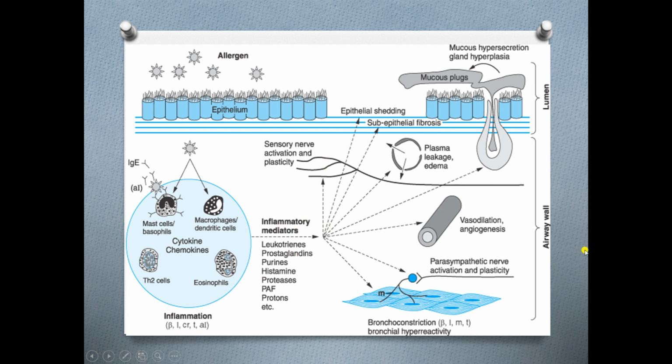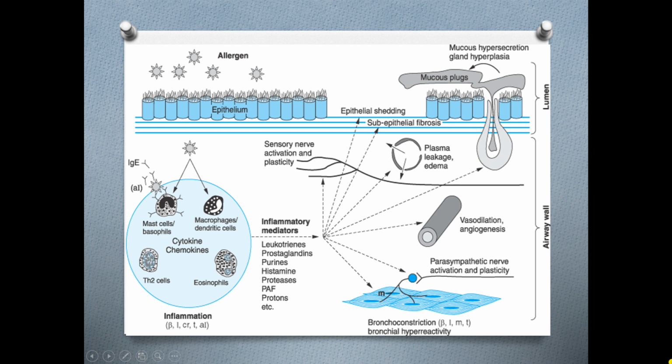These consequences are epithelial shedding and subepithelial fibrosis, nervous control of the airway wall is disturbed, there is a leakage of plasma from the capillary and formation of the edema, vasodilatation and angiogenesis, bronchoconstriction of the smooth muscles of the airway, mucus secreting glands are hyperactive, there is hyperplasia of the gland which secretes more amount of mucus, and ultimately mucus plug and secretions are there in the respiratory tree.